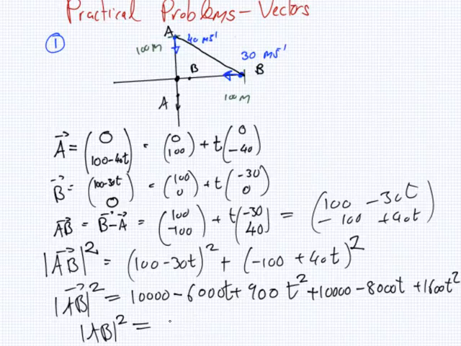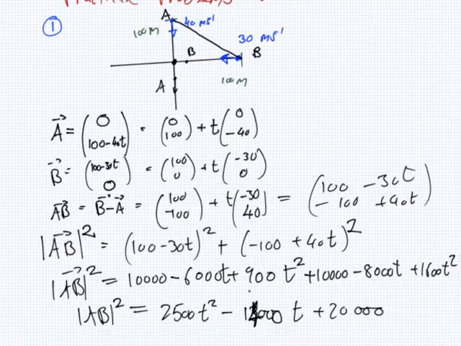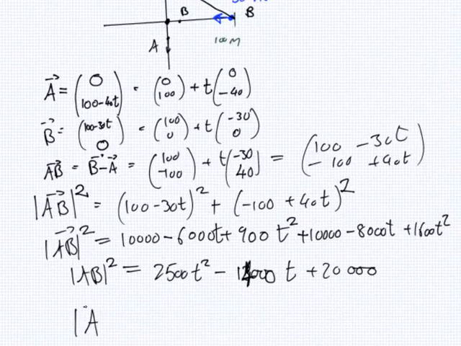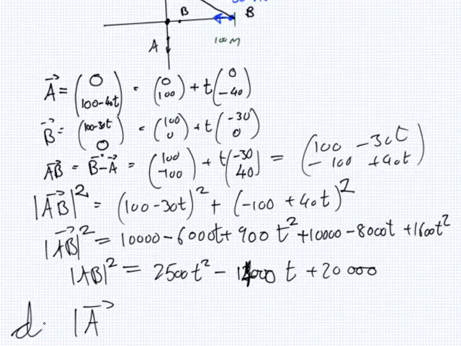Well, let's do the t squareds first: 2500t squared minus 14,000t plus 20,000. Now I'll put in the square root. So the magnitude of AB, which is the distance between them, is equal to the square root of this big number.